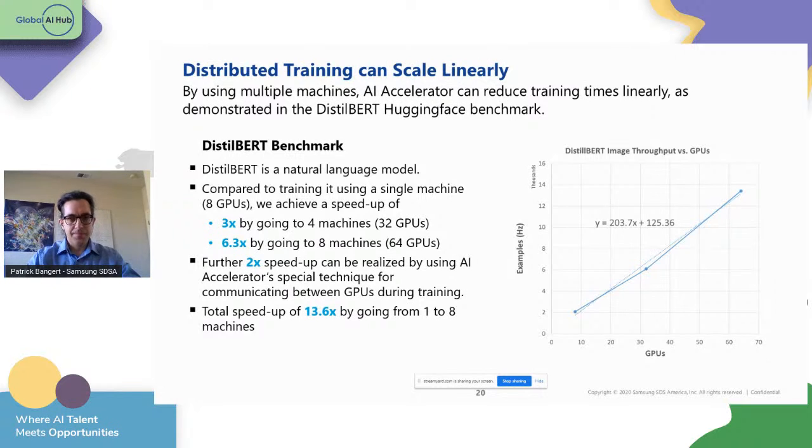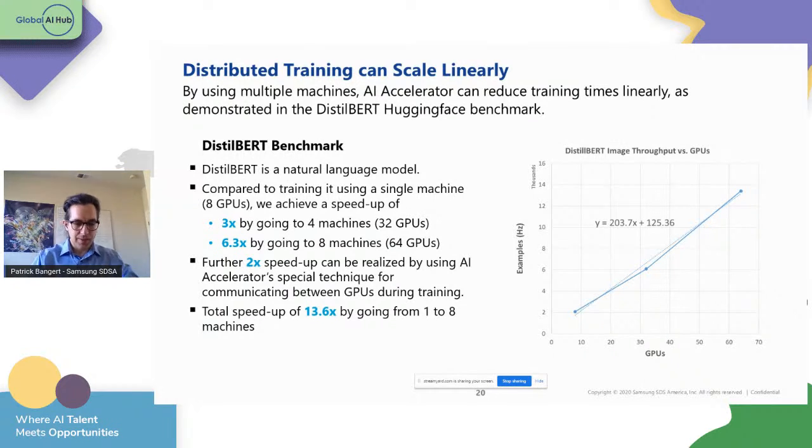Not only that, if you look at it in detail, you can in fact see that as you increase the number of GPUs from 1 computer to 8 computers, so you increase the resources by 8, the speed goes up by more than 8. It goes up by over 13 times.